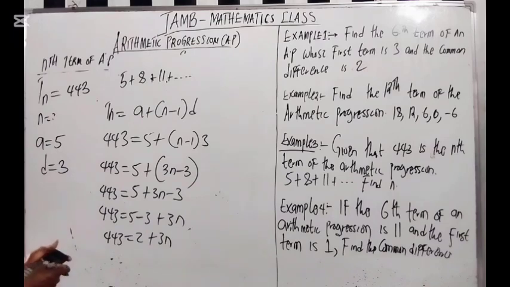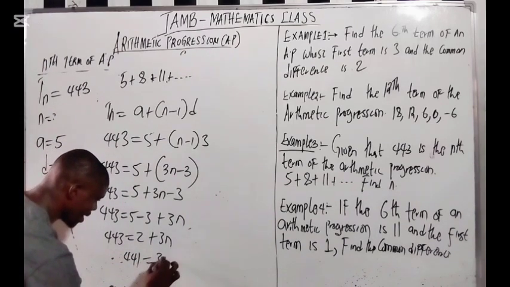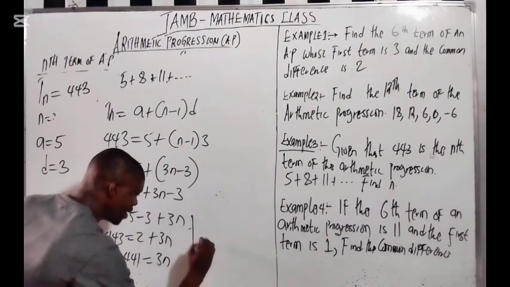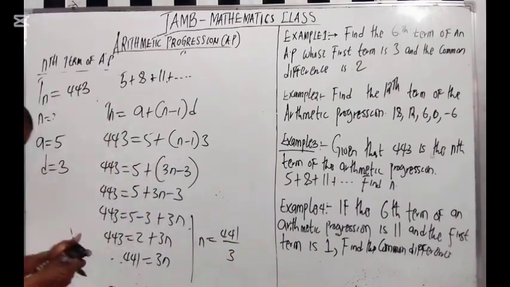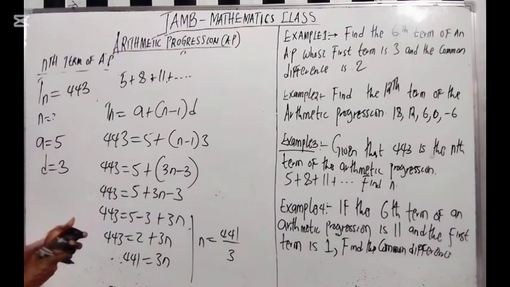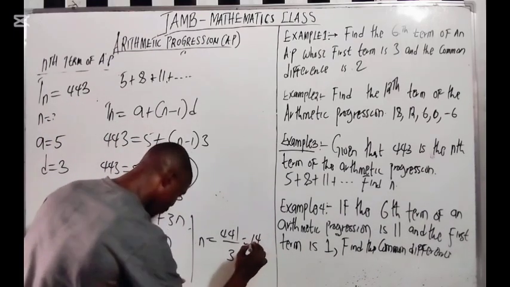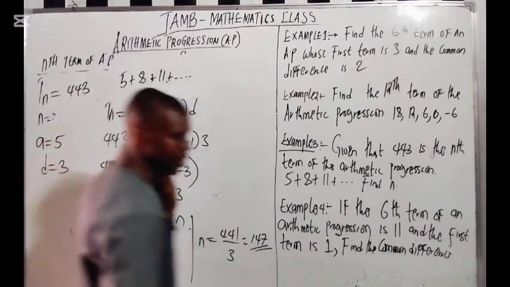Go to the other side: 443 minus 2, here we have 441. 441 equals 3n. Now let's make n the subject. So n equals 441 over 3. 441 divided by 3, here we have 147. That is the answer.